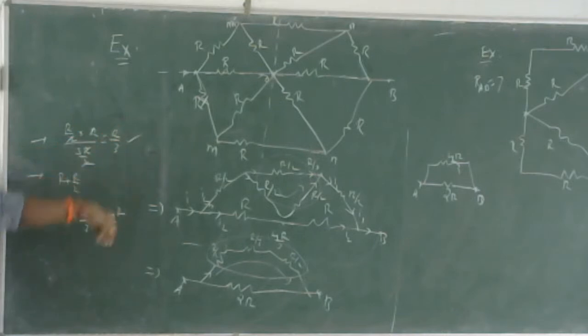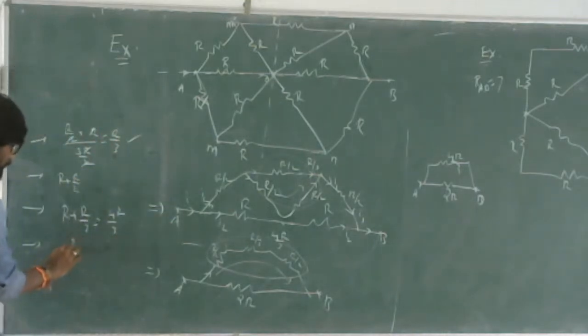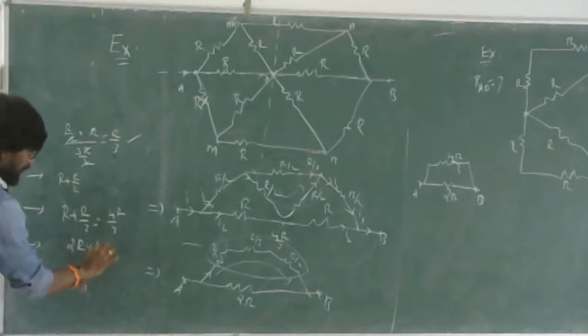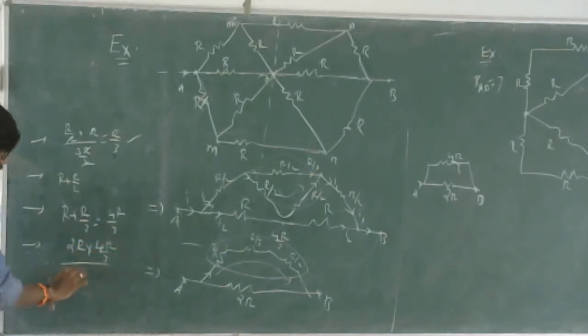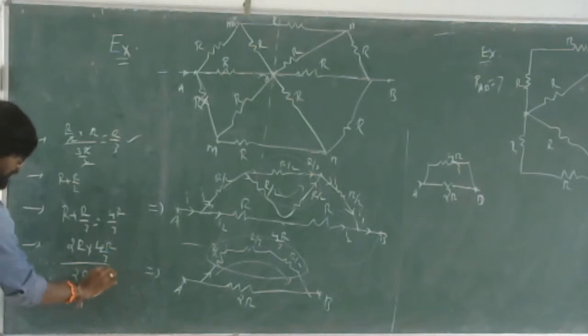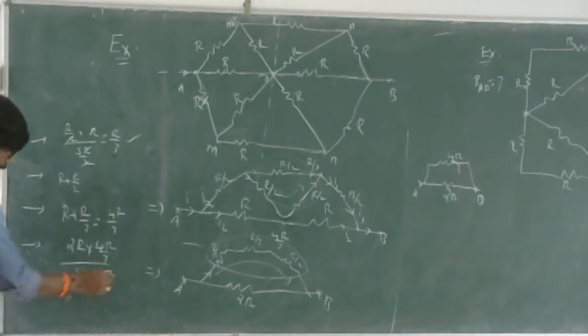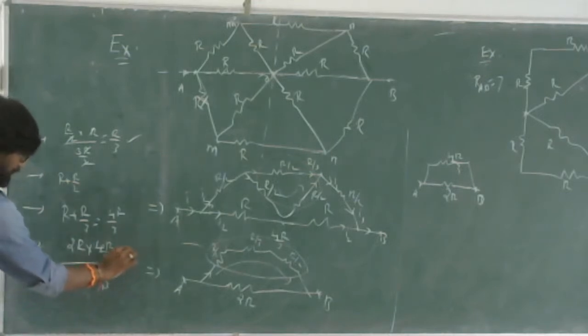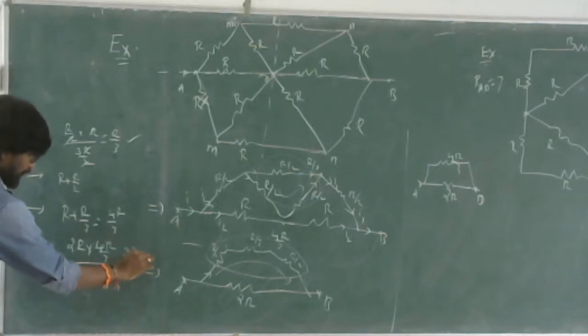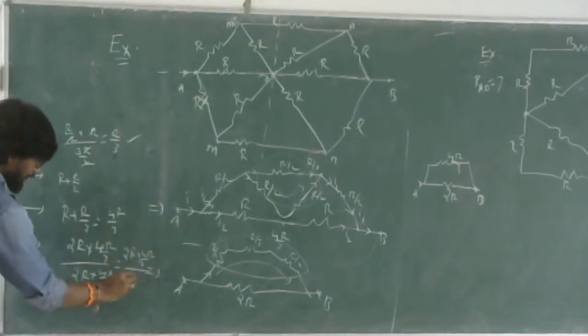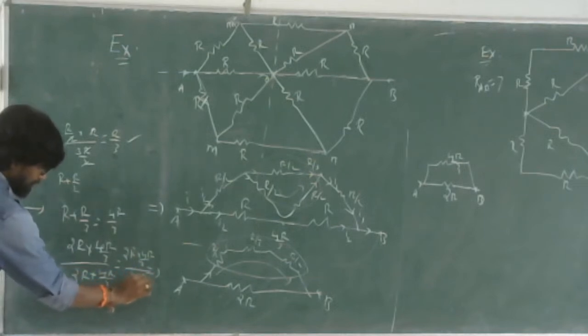Do the calculation part. So what is that? 2R and 4R by 3: 2R into 4R by 3 divided by 2R plus 4R by 3. R1 R2 by R1 plus R2. So simplifying, this will become 6 plus 4, 10. So you can write it as 2R into 4R by 3 by 10R by 3.